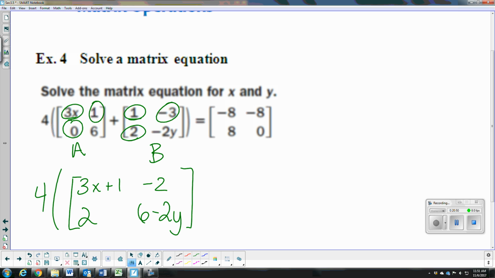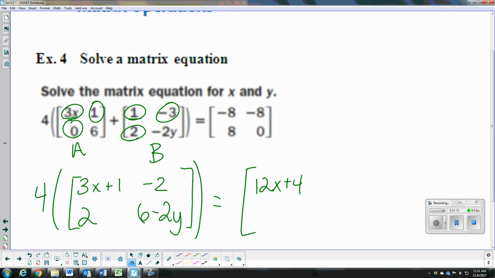Okay, now the next step, if we evaluated this by the scalar of 4, we would multiply 4 times the first element. So that's 4 times the group, 3x plus 1. So that gives us 12x plus 4.